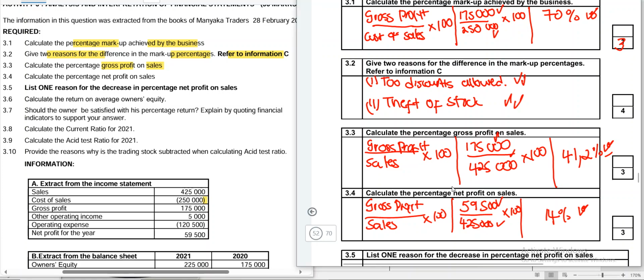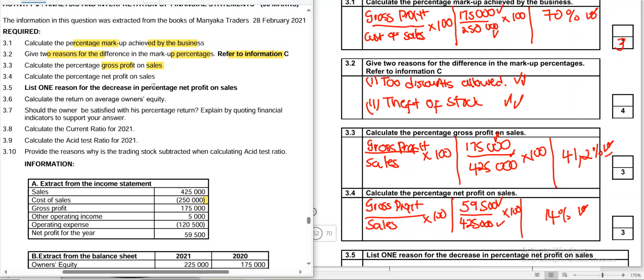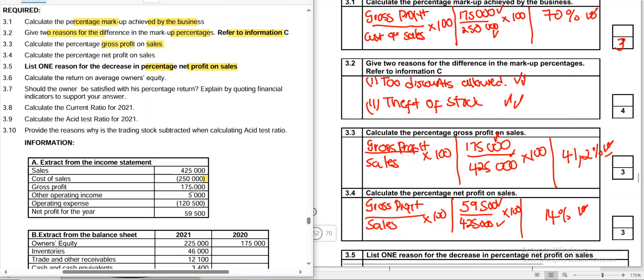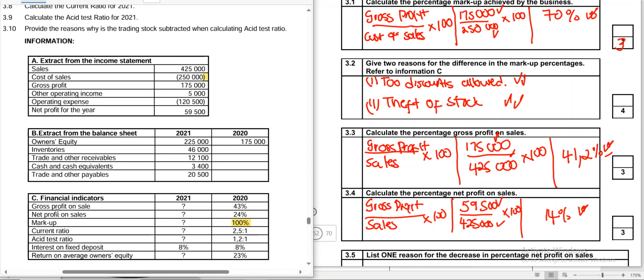Next, they are saying that we need to list one reason for the decrease percentage on net profit on sales. Let's check on our financial indicators. Remember, we had 24%, and now our net profit on sales is 14%.